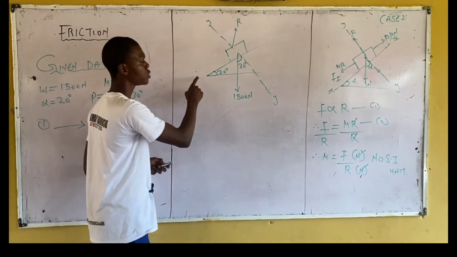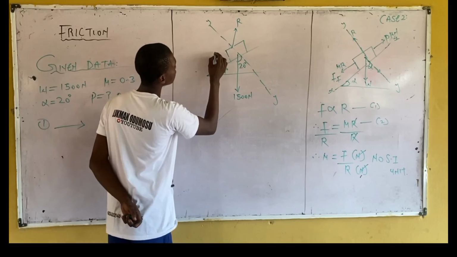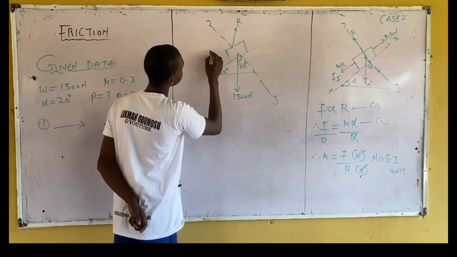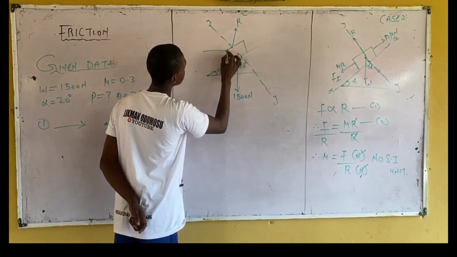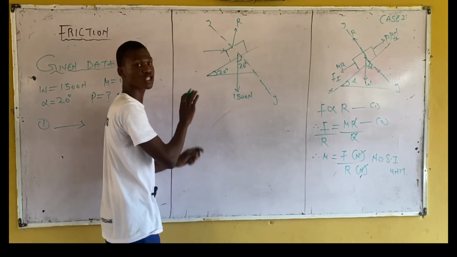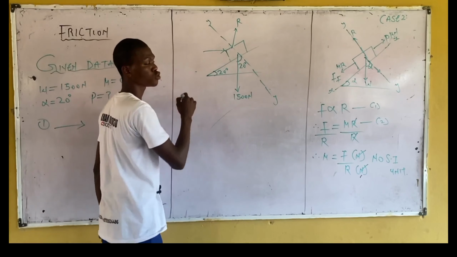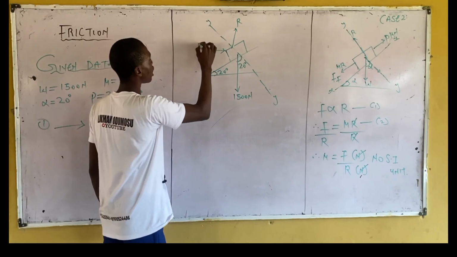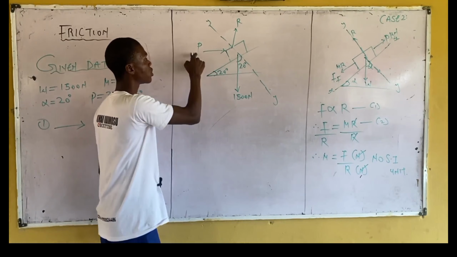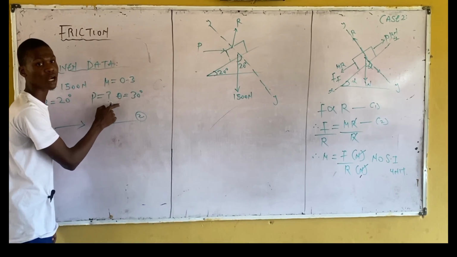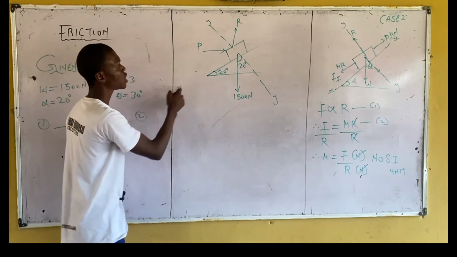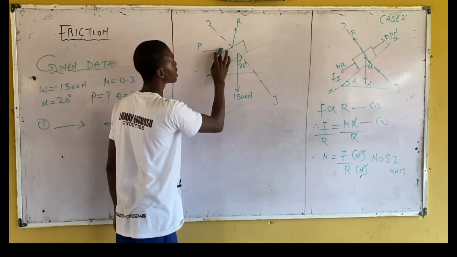So for this question, I'm taking my force to act in this manner. Let's say I have my force like this. Right? I'm pushing it. And what's the magnitude? Unknown. That's what we are looking for. But this force, we said earlier, it has an angle. And the angle is what? 30 degree. So you have to indicate here by saying 30 degree.